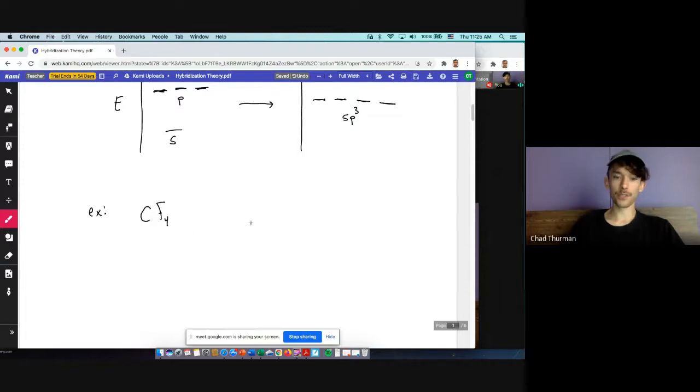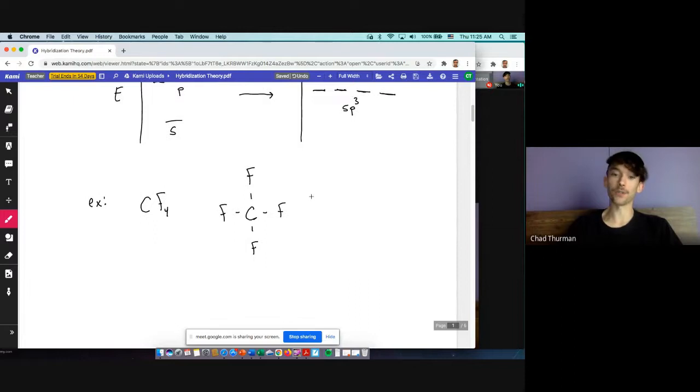When I do the Lewis structure for CF4, we all know it's going to look like this. I could say lots of things about this. You guys should know lots of stuff about this. We know that it's tetrahedral because it follows an AX4 pattern.